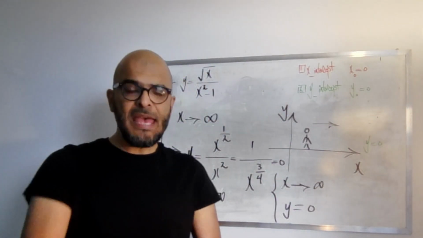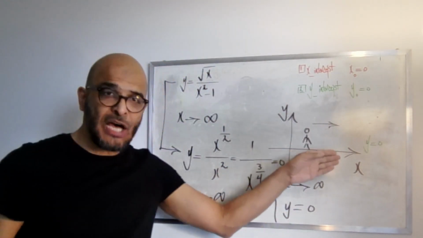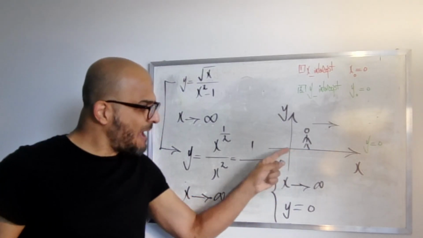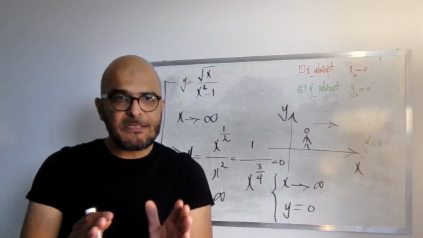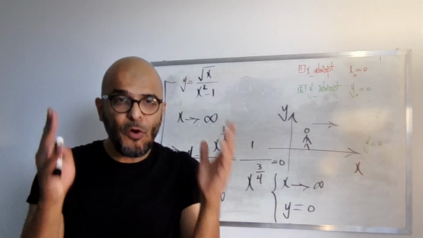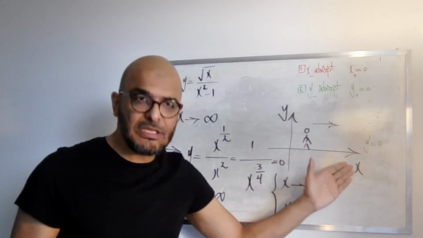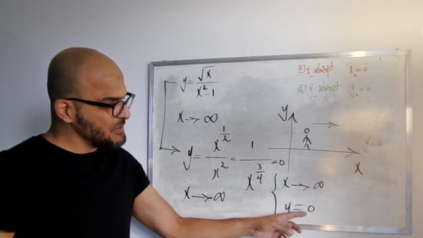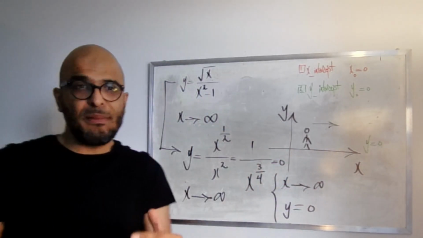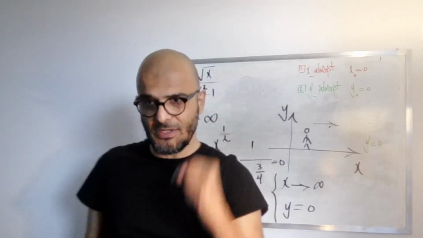Because you remember, any point, any number along the x-axis has the mapping along the y as 0. That's why y equal to 0 is the pattern of all the points that are along the x-axis.